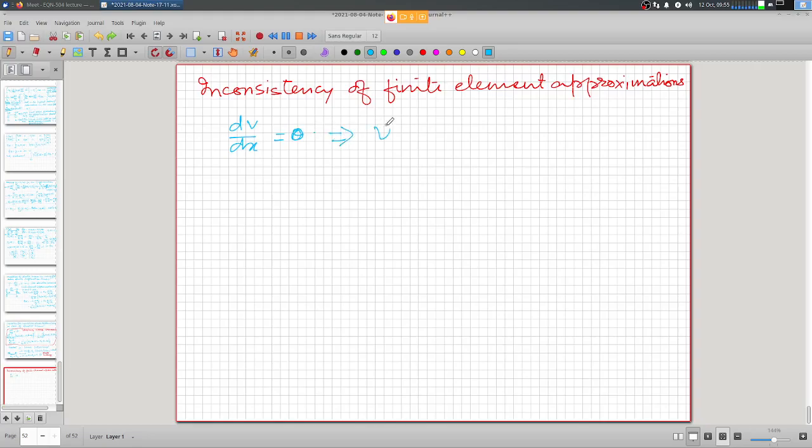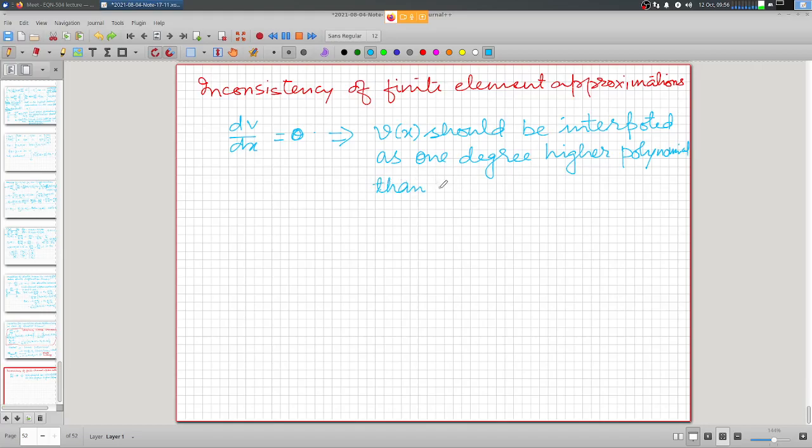So this implies that v(x) should be interpolated as 1 degree higher polynomial than that used for theta.